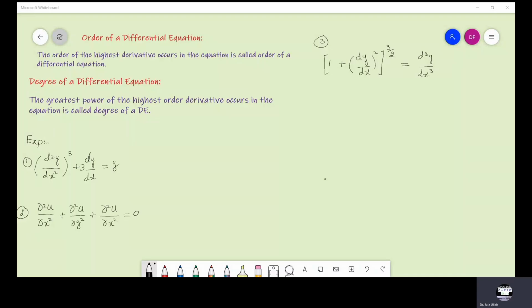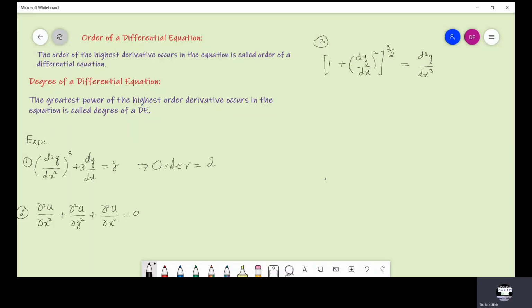Now, in this first example, we can see that the highest order derivative is d square y over dx square. So its order is 2. Order of this differential equation is 2.